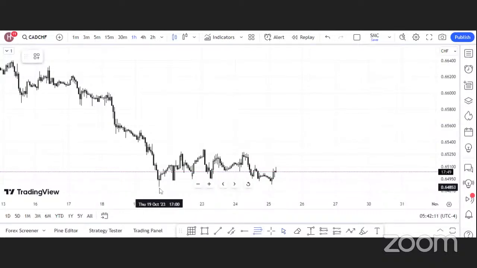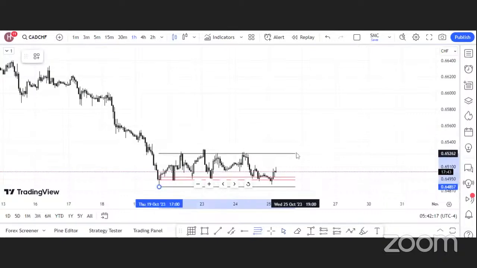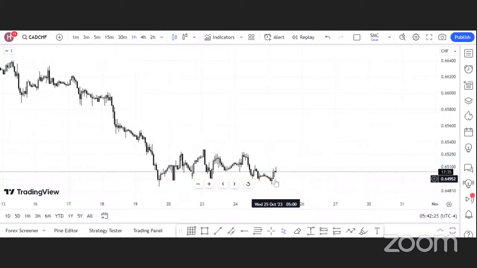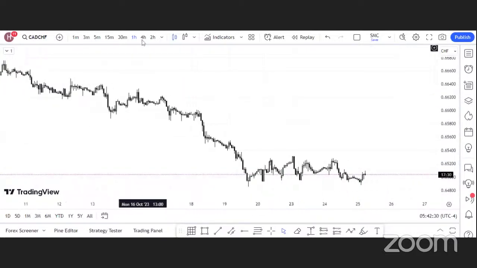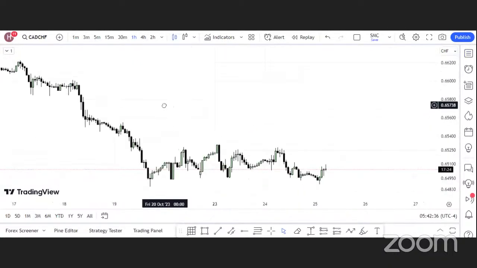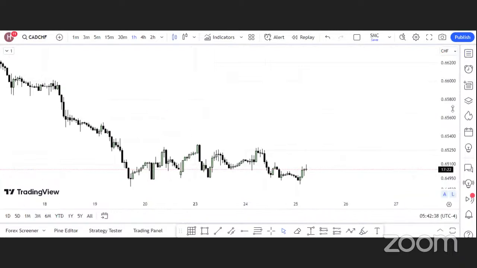So let me just see if my Fibonacci tool would give me a proper entry here. Okay, so all these areas have already been mitigated previously, and the market still continued to come down. All right. Let's just increase, so I want us to be able to see that better.